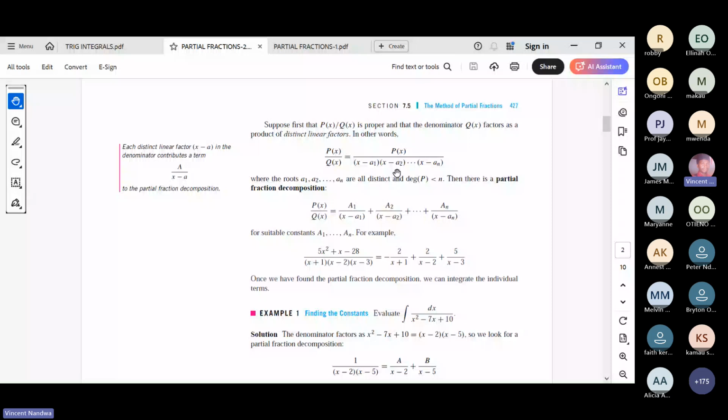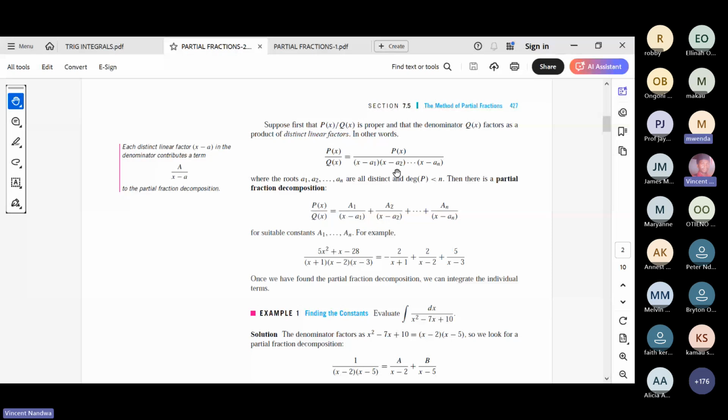The coefficient of x squared on the left-hand side is related to the coefficient of x squared on the right-hand side. Similarly, the coefficient of x on the left-hand side to the coefficient of x on the right-hand side, and the constant term on the left-hand side to the constant term on the right-hand side. Then you'll have a system of linear equations in terms of a1, a2, and a3, and you solve them.